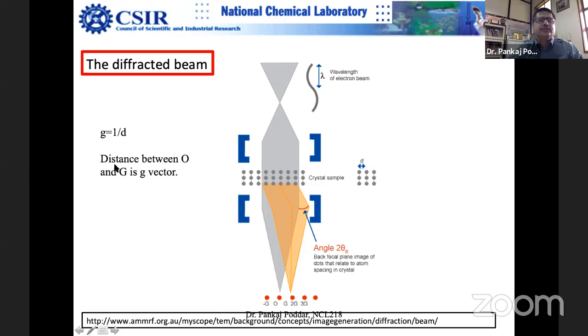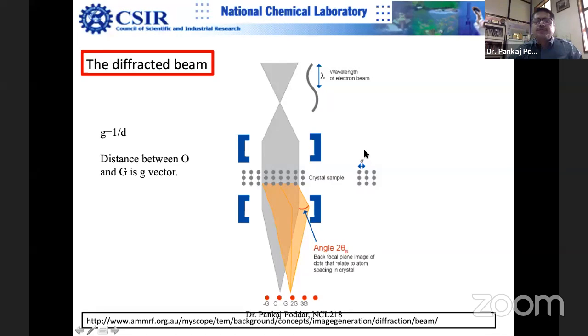So this g vector is basically the distance. Somebody was asking what is g. g is always 1 by d, right? d is basically the interplanar distance. So you can see that this is your g, the distance from 0 to g is your g vector. So the larger this distance, the smaller your d, right?